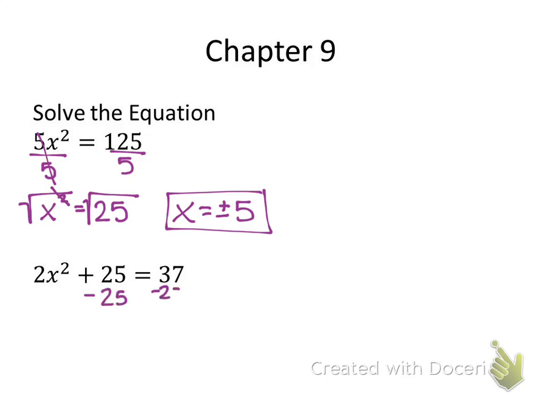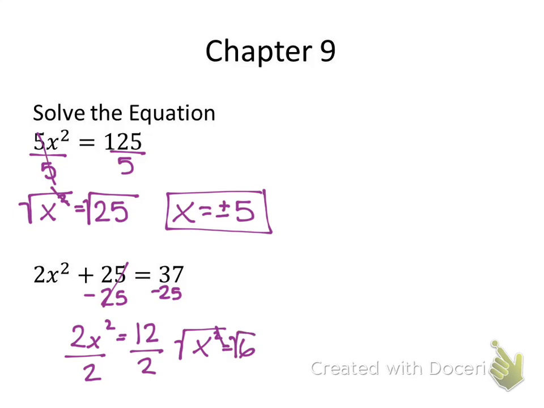You solve it just like you would a regular equation. 2x squared equals 12. Then I divide by 2, and I get x squared is equal to 6. Now I take the square root of both sides. Is there an exact square root to 6? No, there's not. So I just put positive, negative, square root of 6.